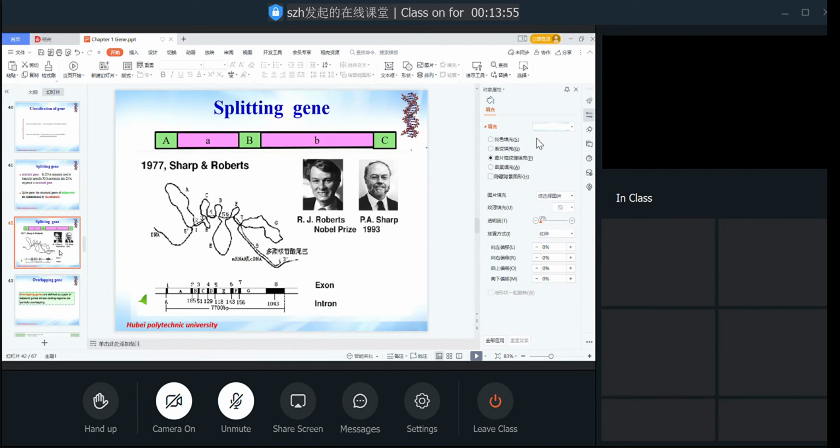This kind of sequence, we give the name exon. And A, B, C, D, E, F, G, this same kind of sequence, you can see in the future is deleted by splicing. This kind of sequence, we give the name intron.